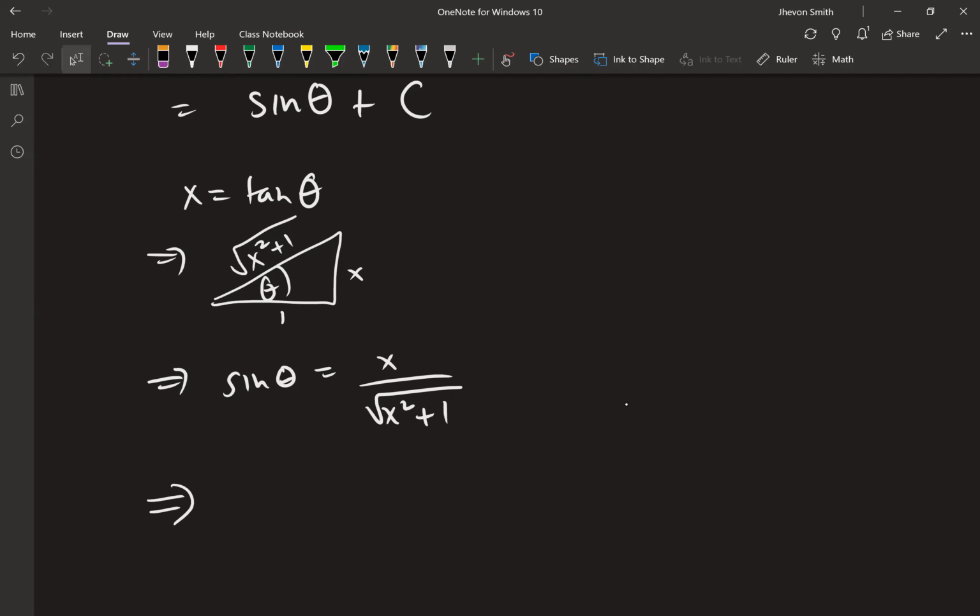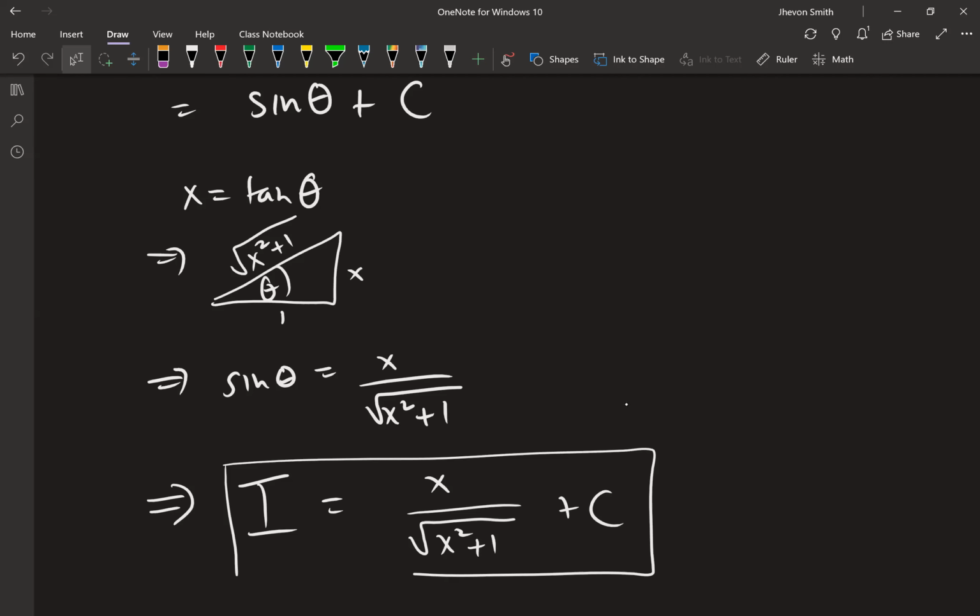So this means that my integral is going to be x over the square root of x squared plus 1 plus c. And that is that guy.